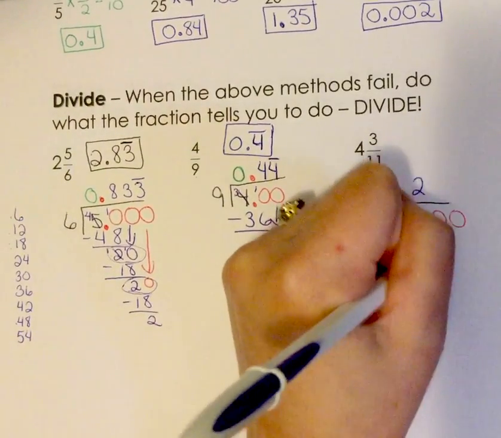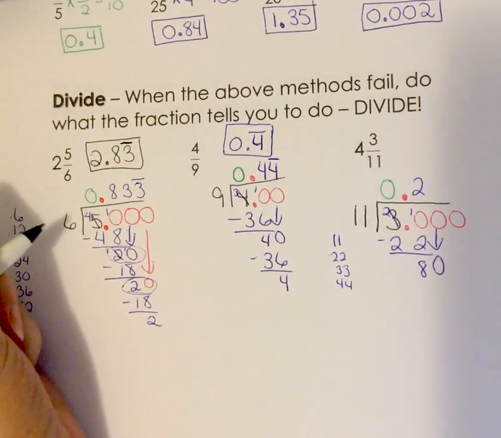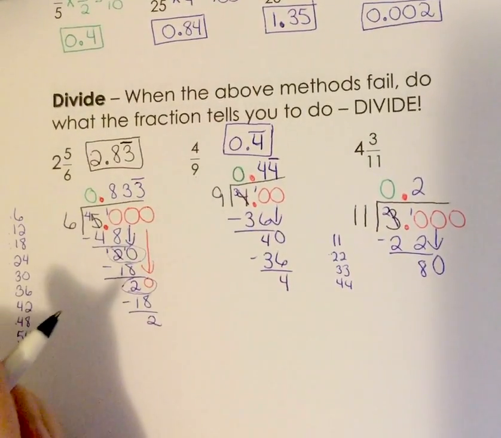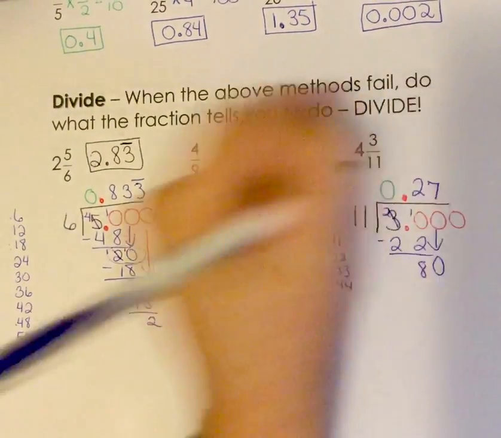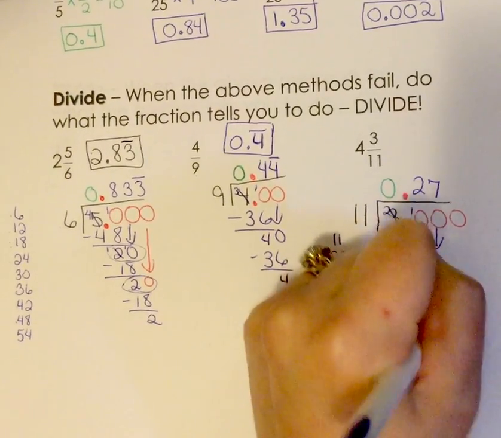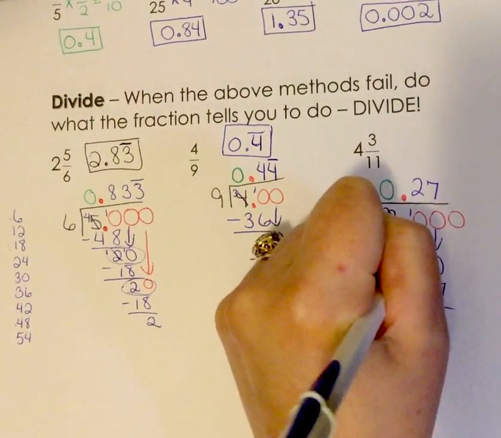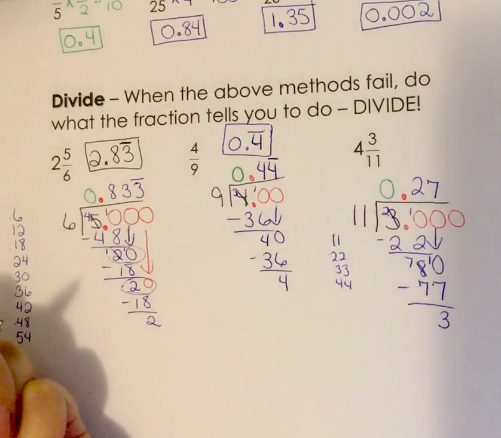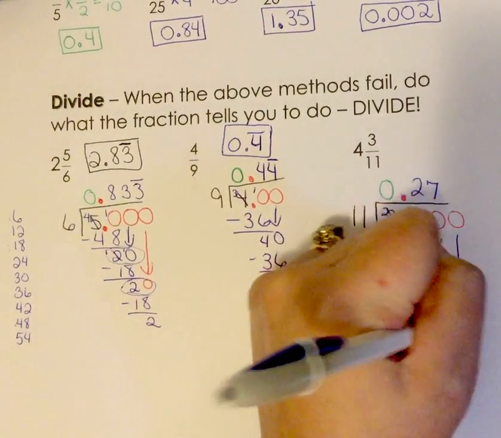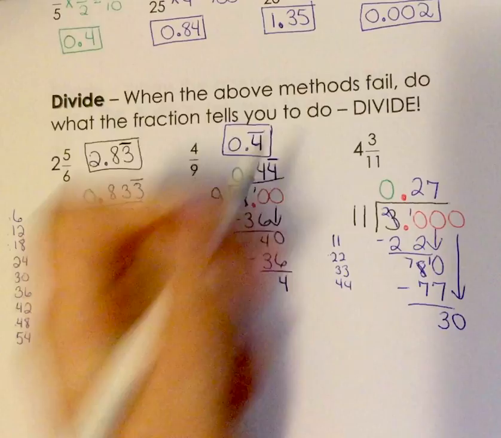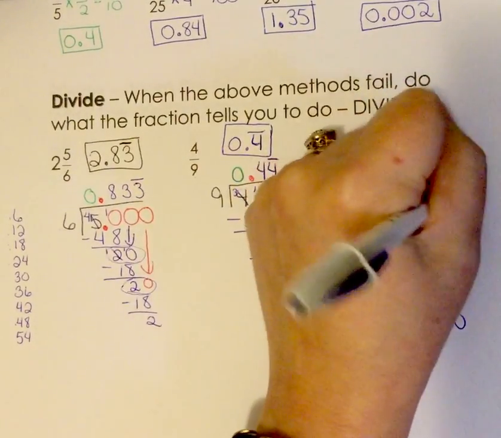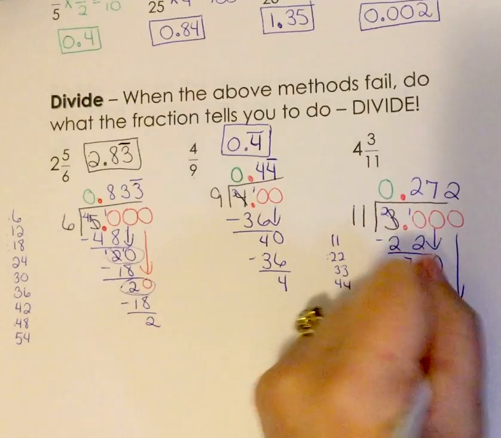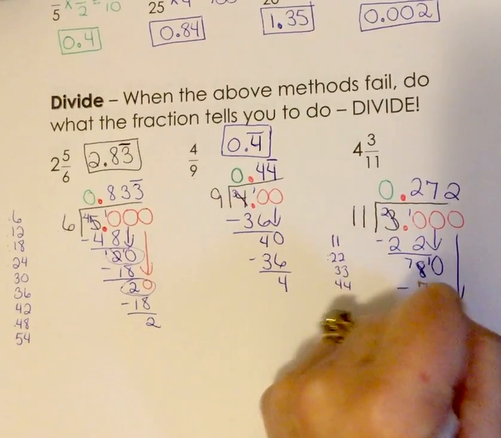8 remainder, bring down a 0. Okay, so 80. I don't want to go with 88 because that's just too high, but I can go with 7, which is 77. Regroup. Okay, 3 remainder. Bring down that annex 0. Now we've got 30. Goes in twice. 22, remainder 8.